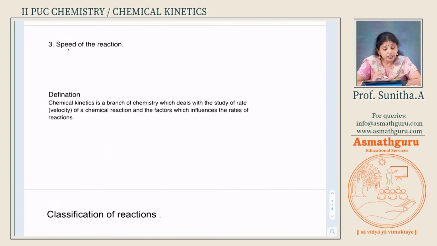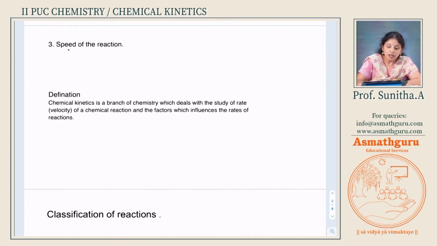It is the branch of chemistry which deals with the study of chemical reactions, the rate of the chemical reaction, and the factors which influence the rate of the reaction. We should also know which factor should be controlled so that the speed of the reaction will increase. That is what we are going to study in the chapter chemical kinetics. Both the speed, the rate of the reaction, and the factors affecting the rate of the reaction are going to be studied.